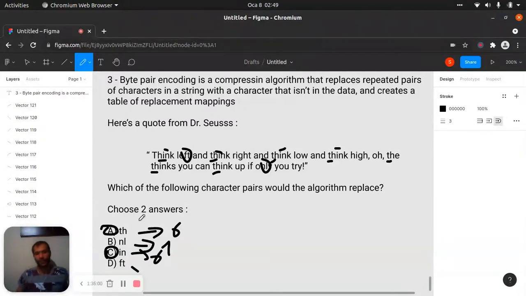So this one is not wrong, it's just that we can't implement much Huffman coding, and this one is not good. So our solution is A and C.